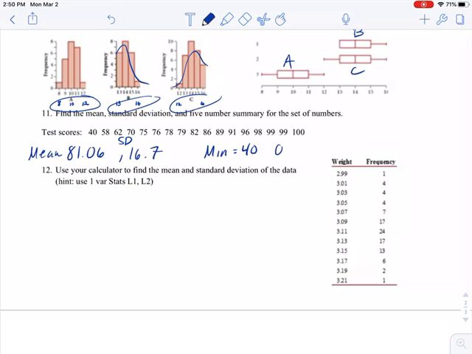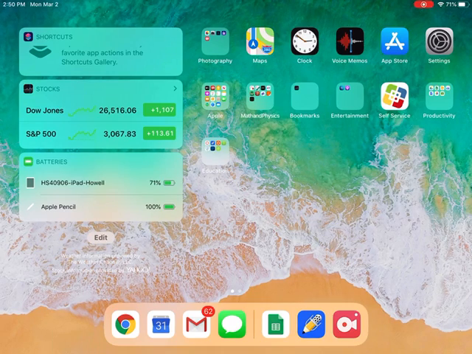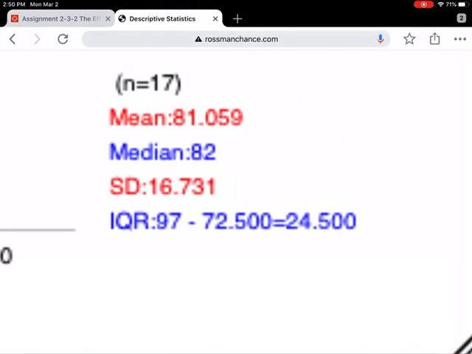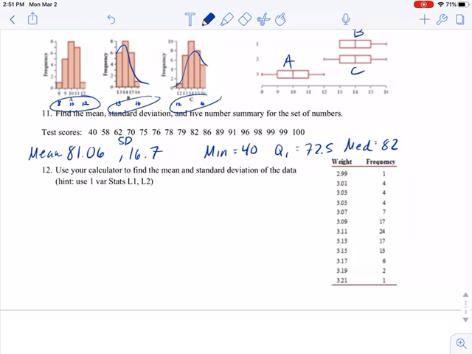The first quartile is 72.5. The median was 82, and then my next number is 97. Okay, so that is that.